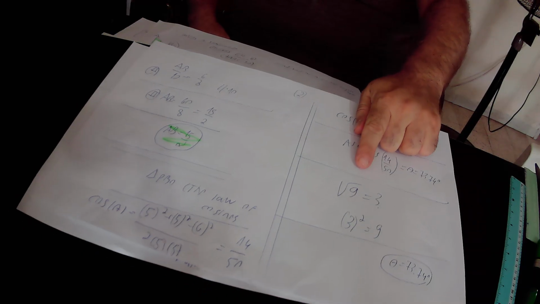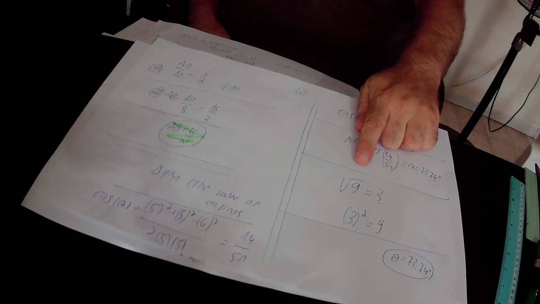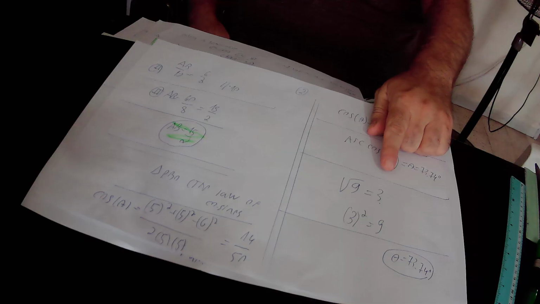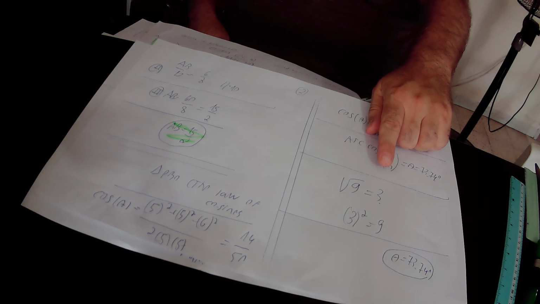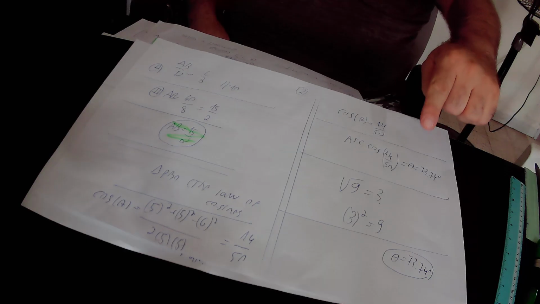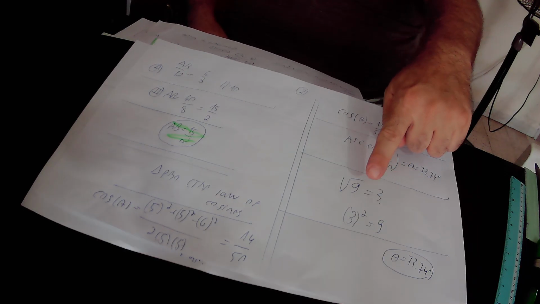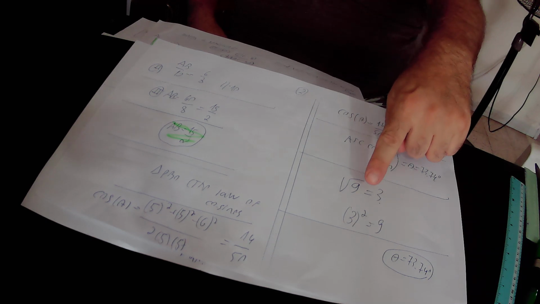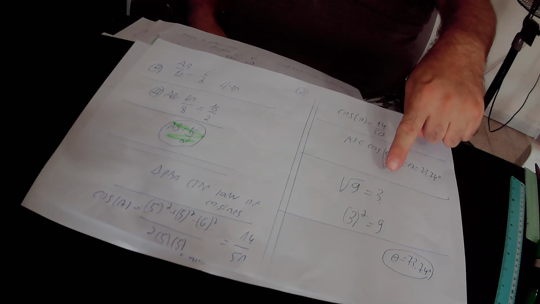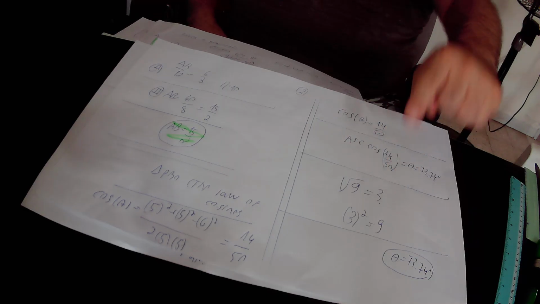When we operate the root function on the number 9, we get the result 3. Now if we operate the inverse function of the root, that is the square, on the result 3, 3 squared is 9.